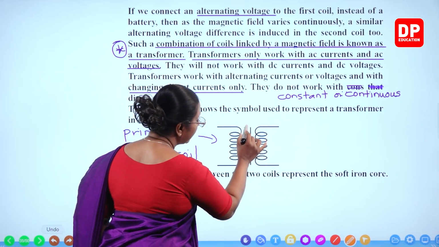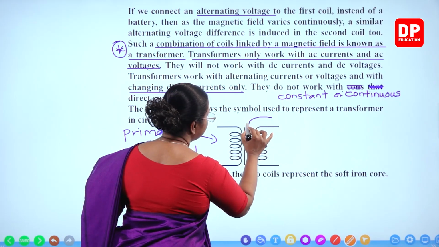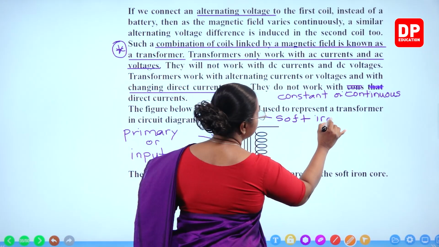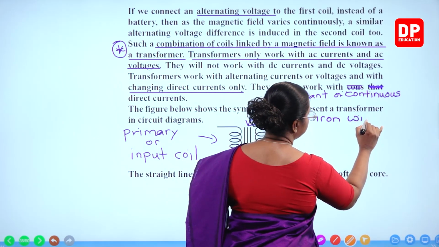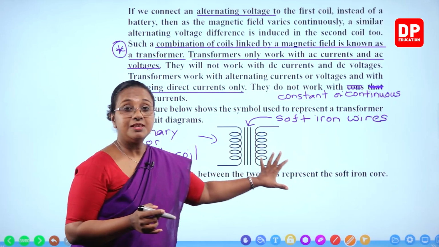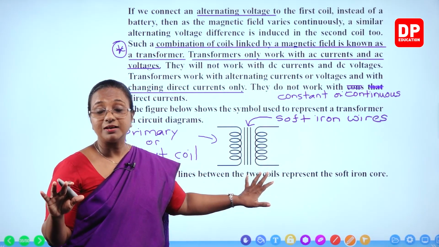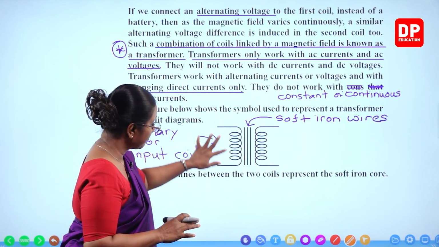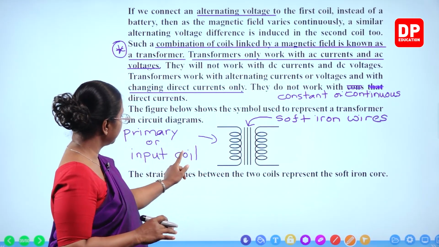Then we have 3 lines. They actually represent the soft iron wires, or we can use a soft iron core. In the symbol, students, you don't have to mark what they are. I'm just explaining the meaning. Why they have a coil that represents the primary coil.